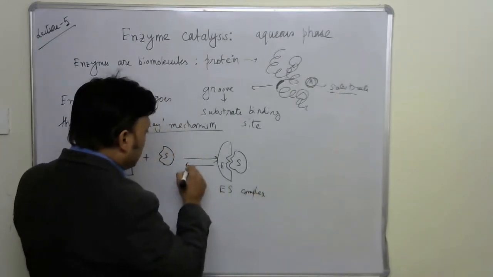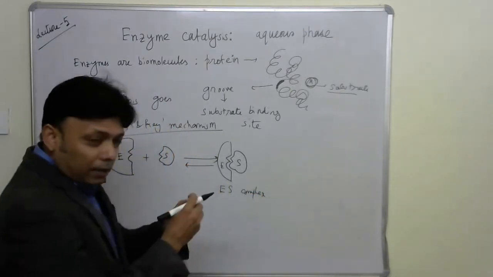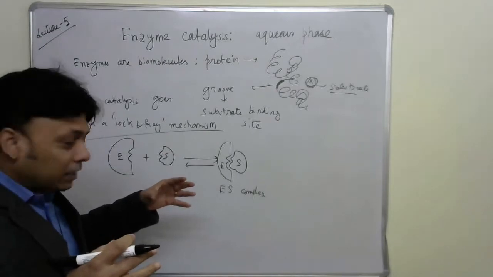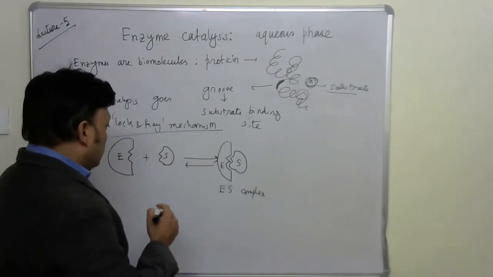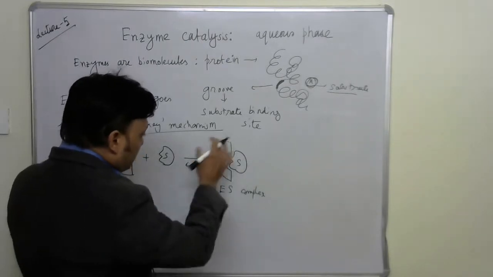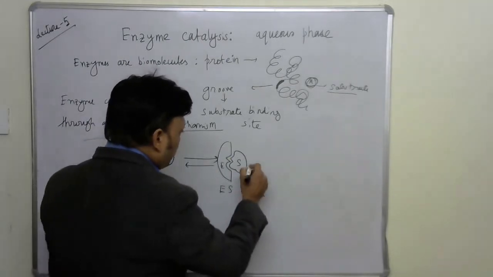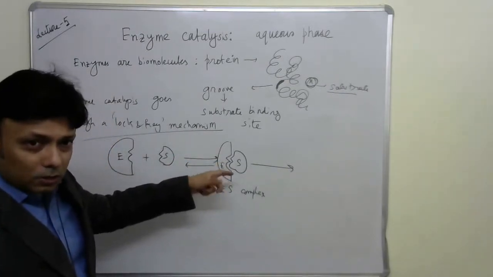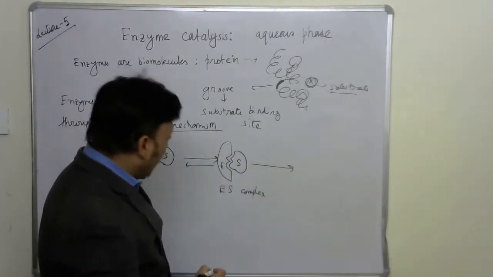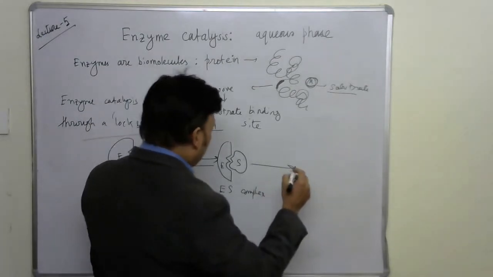And this binding is reversible, so that means the substrate can detach from that binding site also. Basically, once the enzyme substrate complex is formed, then the catalysis happens. That means the enzyme can operate on the substrate and it will give the product.